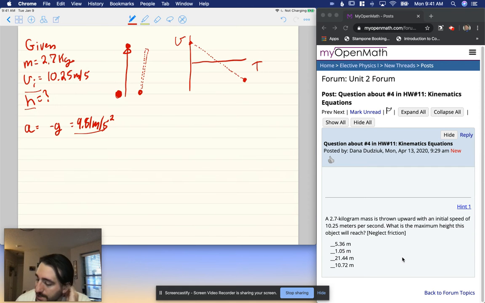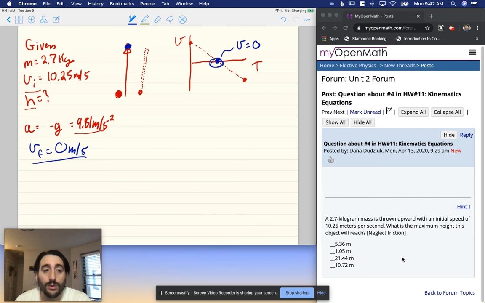And I might ask myself, well, what is the special thing that's happening right there? Well, this spot corresponds to this location of the object. And at this time, the velocity is equal to 0. So I can use this other velocity saying V final equals 0 meters per second, because that's going to correspond to the spot where the object is at its highest point.